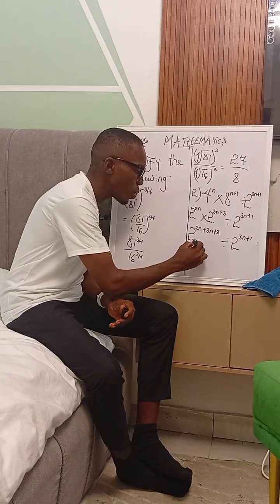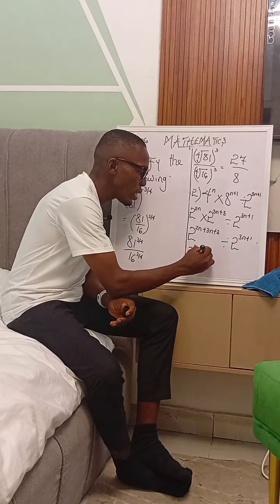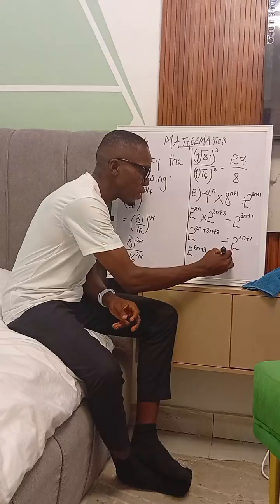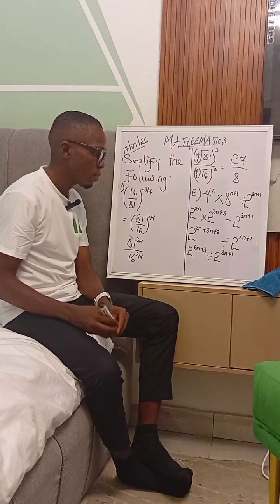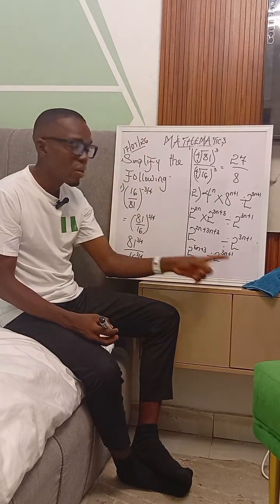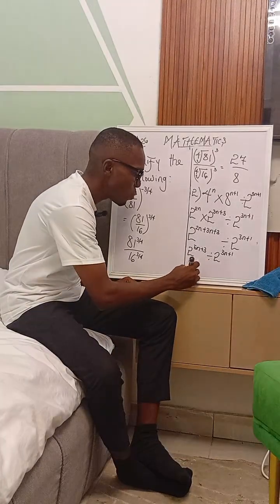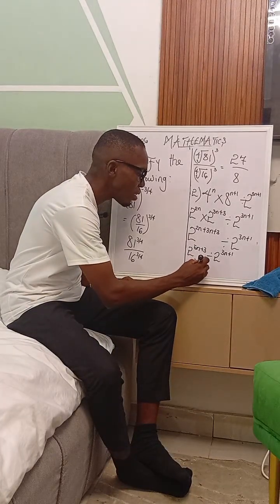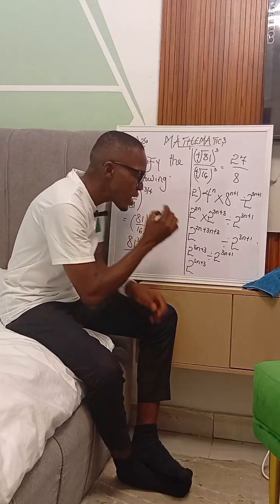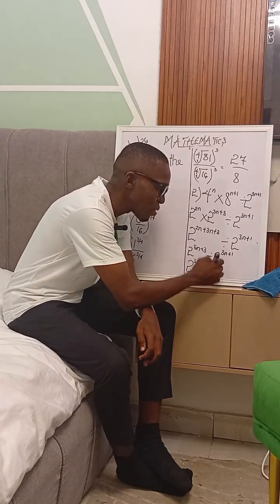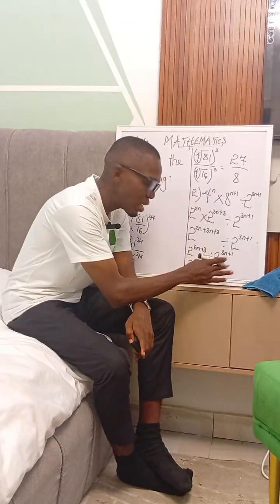So I have here 2 to the power of 5n plus 3 divided by 2 to the power of 3n plus 1. What do I do next? I can now apply the division law, which would now be that this will become 2 to the power of 5n plus 3, minus 3n plus 1. But be very careful, because I'm putting a minus, I'll put a bracket because it's affecting the signs that are inside.